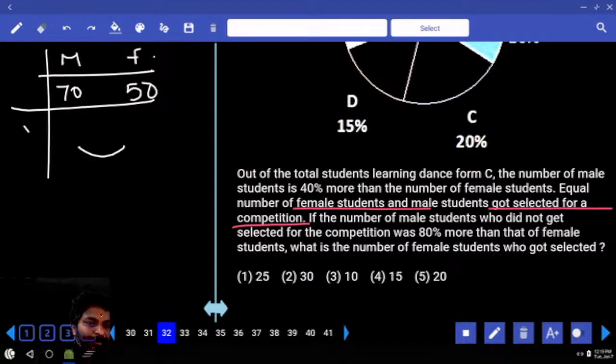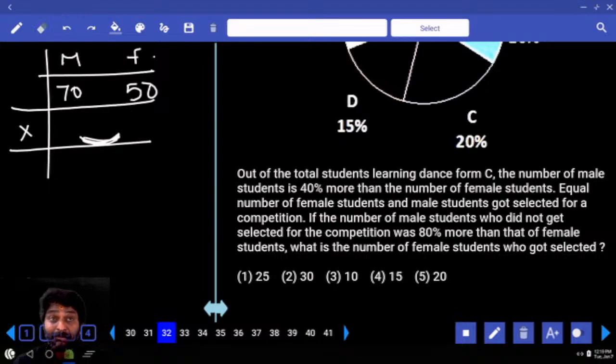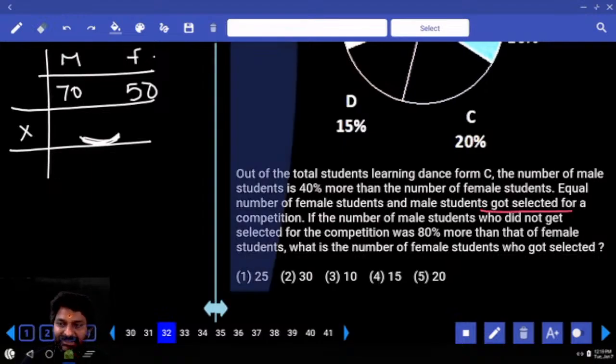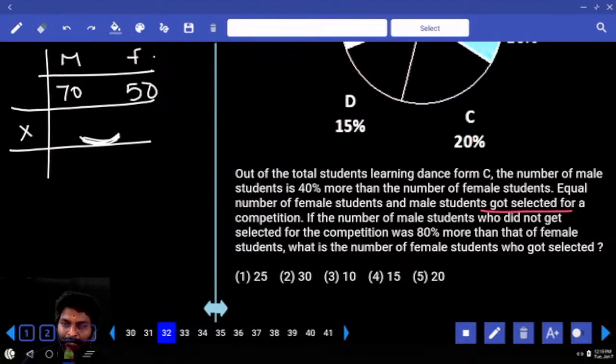So now people who did not get selected, out of this also there will be difference 20, because equal number of people in male and female got selection, correct? Then whatever the existing difference is there, 20, the same difference it will be there out of people who did not get selection.